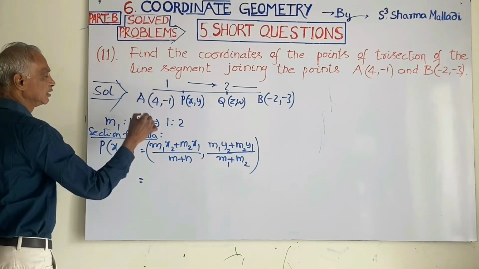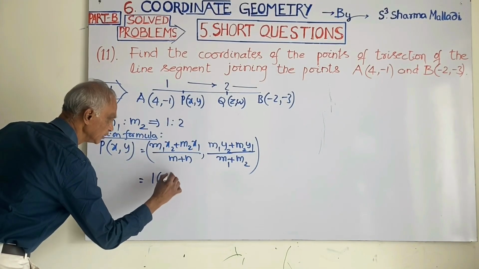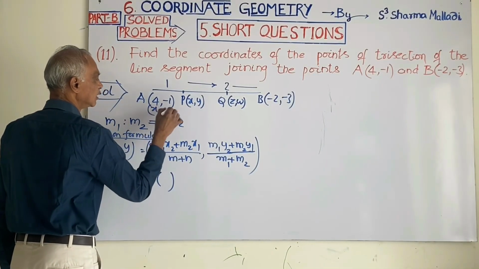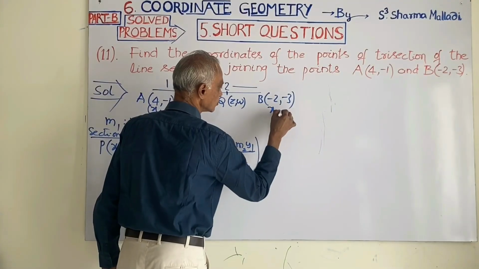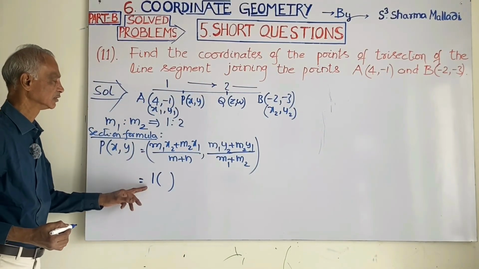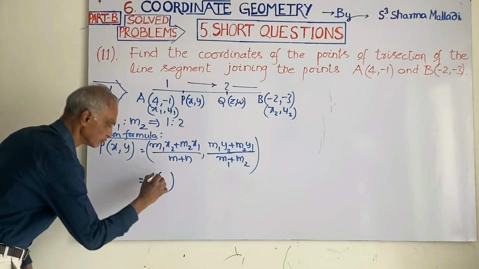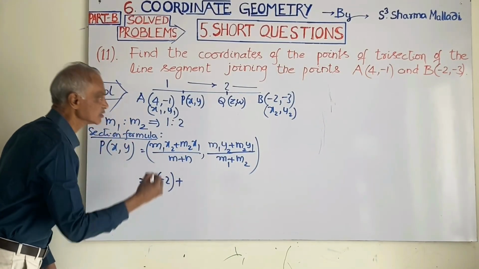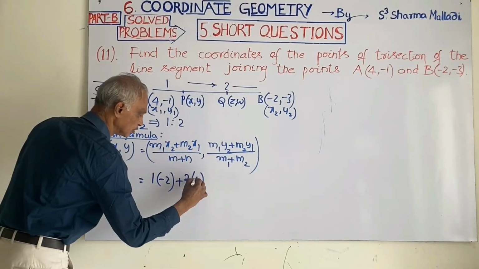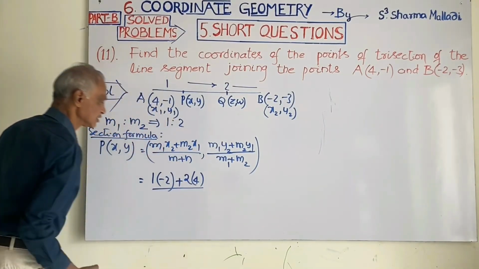What is m1 here? m1 is 1. Take this as x1, y1 and this as x2, y2. Now m1 x2, what is x2 there? Minus 2, plus m2, which is 2, times x1, which is 4, by m1 plus m2.